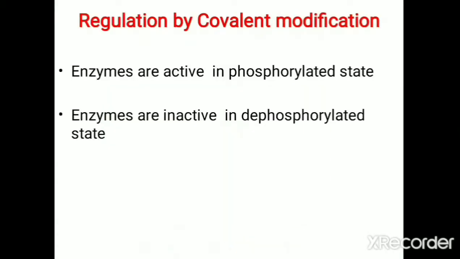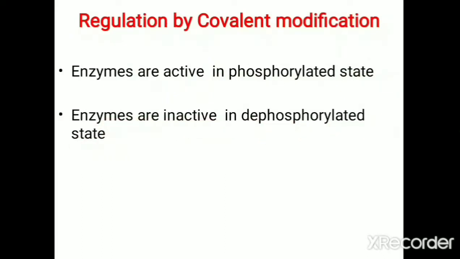The third subheading is regulation by covalent modification. There are two types of covalent modification. One is regulation by phosphorylation, the second is regulation by dephosphorylation. The important thing is insulin dependent enzymes: those enzymes which are active in the presence of insulin are active in the dephosphorylated state. But the enzymes of gluconeogenesis are inactive in the presence of insulin, so these enzymes are active in the phosphorylated state, and inactive in the dephosphorylated state.